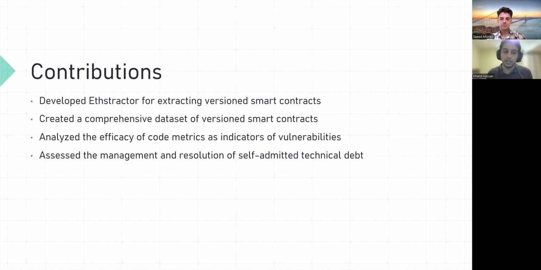We also examined different code metrics such as source lines of code and maintainability index as we look at their effectiveness in indicating the presence of vulnerabilities in smart contracts. And we also investigate the self-admitted technical debt that is introduced into smart contracts and whether it's been paid off or not later on.